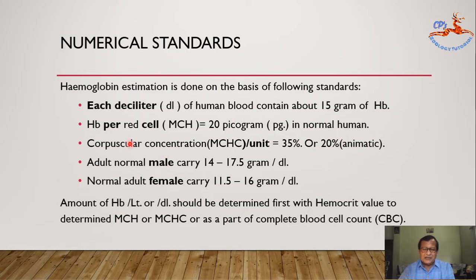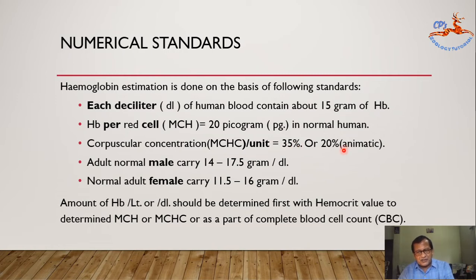Each deciliter contains 15 gram of hemoglobin. Each red cell contains 20 picogram. Each unit of mean corpuscular hemoglobin concentration contains 35% hemoglobin.